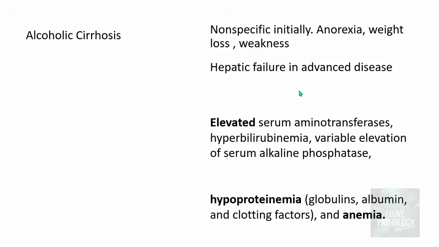You also find evidence of hypoproteinemia, where the globulin and albumin levels are all decreased, and anemia. The mechanism for occurrence of anemia in cirrhosis is quite complex. It could be because of sequestration due to portal hypertension, alterations in erythropoietin levels, or bone marrow suppression. Whatever the reason, these patients usually present with anemia.